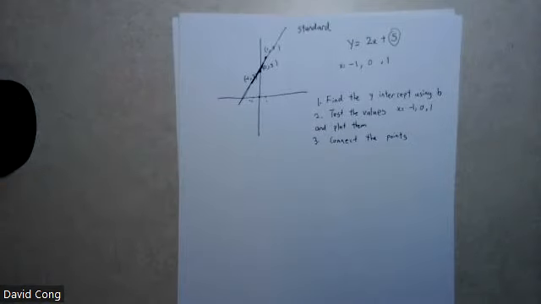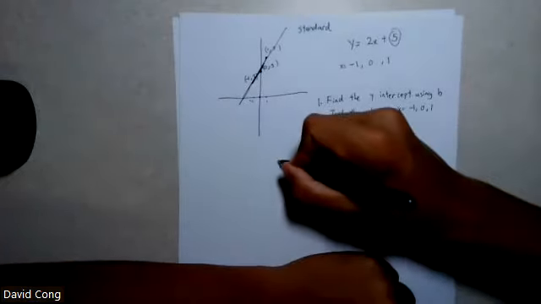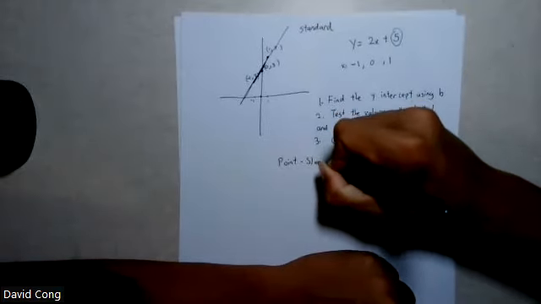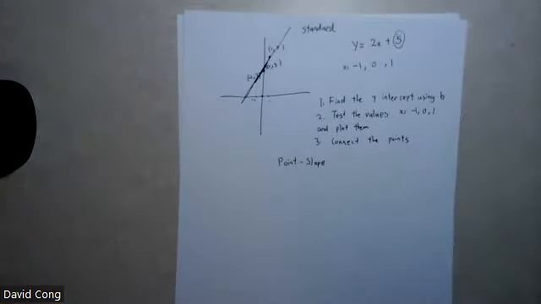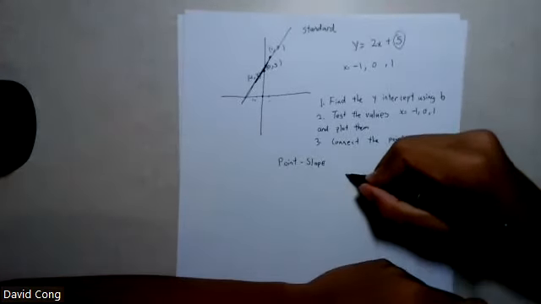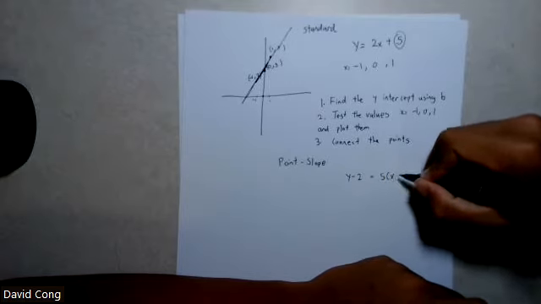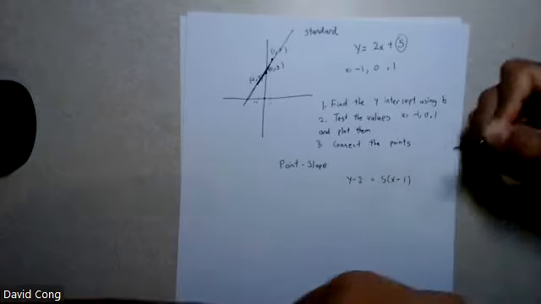If you're given an equation in point slope form, you don't actually have to go to the y-axis. Let's say we have y minus 2 is equal to 5 times x minus 1.